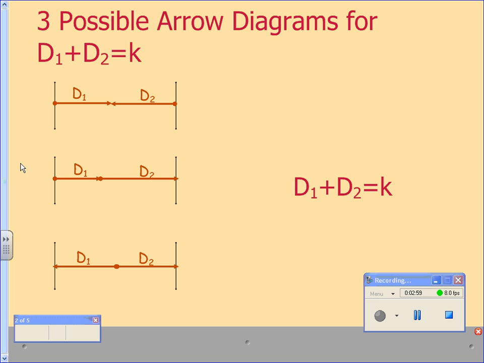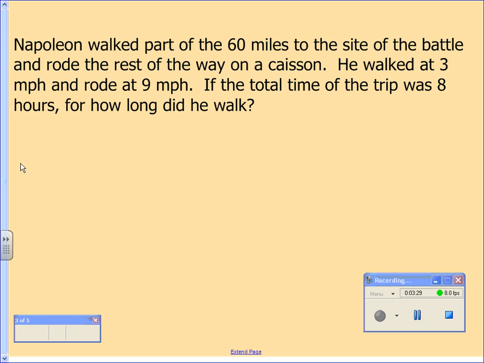Like if you ride a bike for a little bit and then you get off your bike because it breaks and you have to walk the rest of the way. All 3 of these, the distance of the first time plus the distance of the second time is the total distance. It's just some number, whatever they add up to be. Does that make sense? Okay.